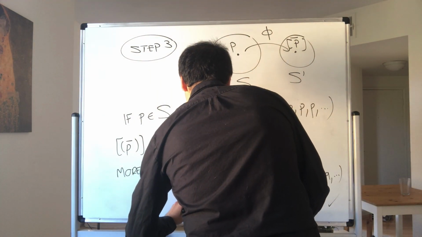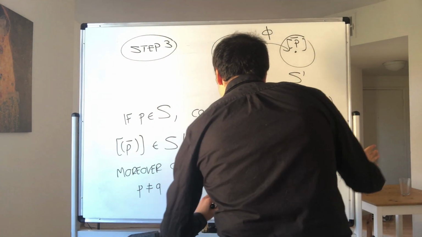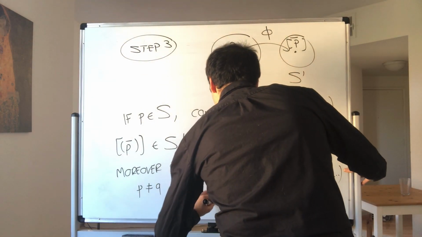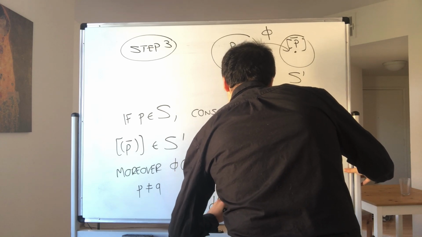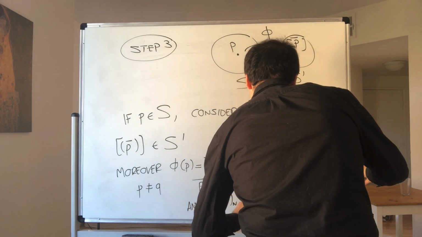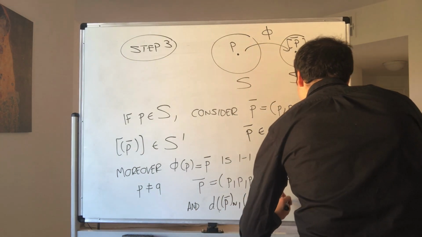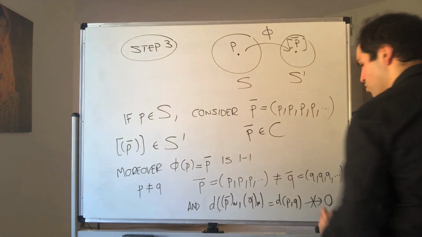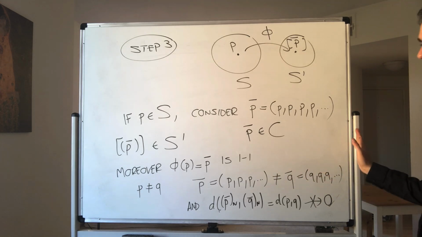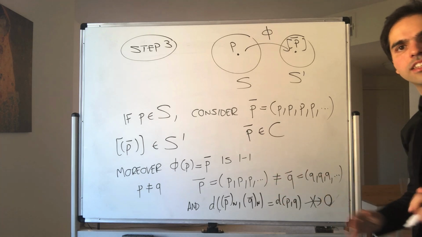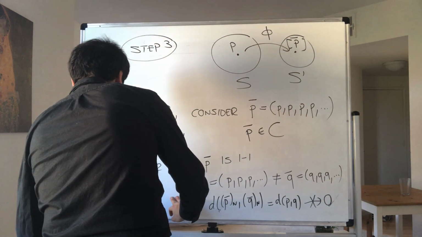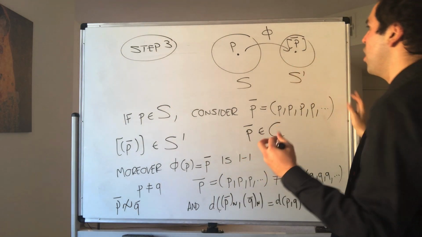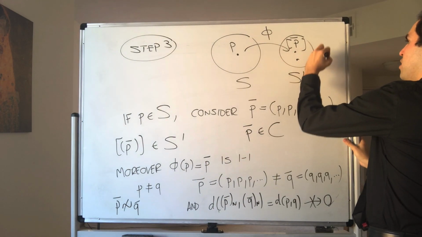Moreover, the distance of the nth term P bar n and Q bar n, well, that is the distance of P and Q. And that never goes to 0. So in fact, P bar is not equivalent to Q bar, so they can't be in the same equivalence class. So that's why the class of P bar is not the same as the class of Q bar.